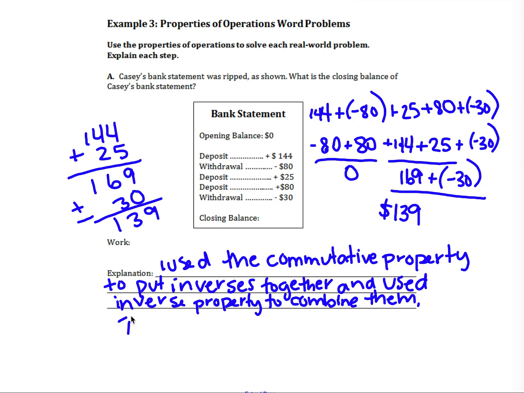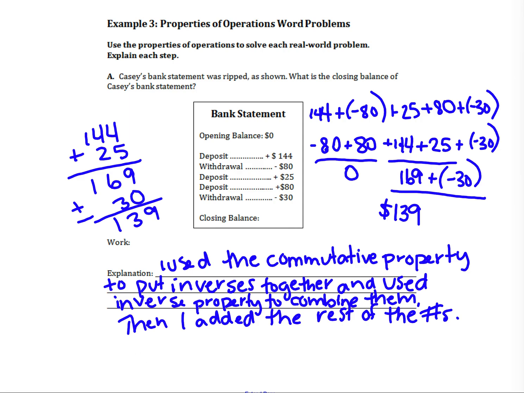Then I added the rest of the numbers. Your explanation might be a little different depending on the strategies that you picked.